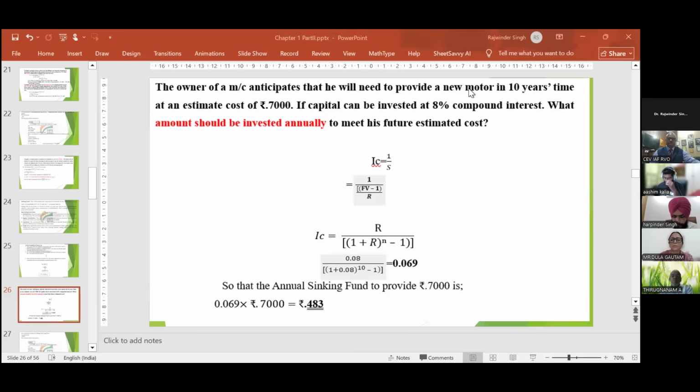Rate of interest is 8%. For 1 rupee, you put all the formula values, it becomes 0.069. So for 1 rupee, you have to deposit 0.069 in the bank. For 7,000, you have to deposit 0.069 times 7,000, which is 483 rupees in the bank.